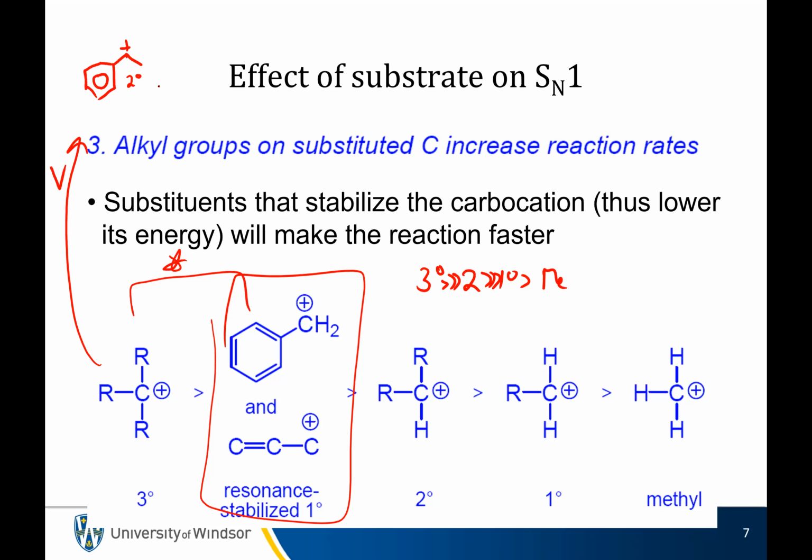And secondary versus tertiary is different from primary versus tertiary. And we have all the resonance of that benzene ring. And the same thing with the allyl group, this thing on the bottom there. If I turn it into that, now all of a sudden this is more stable.